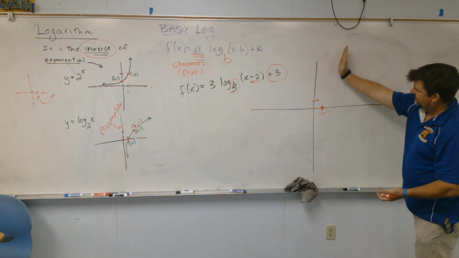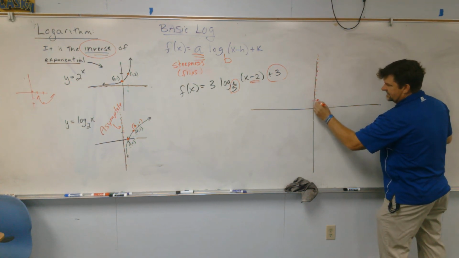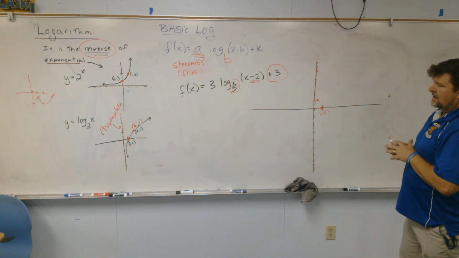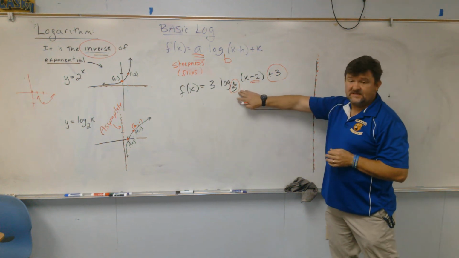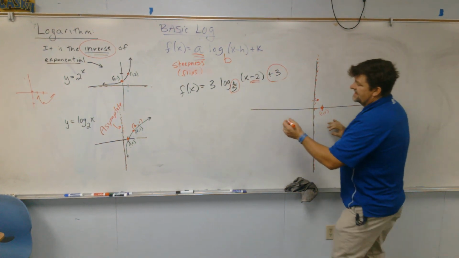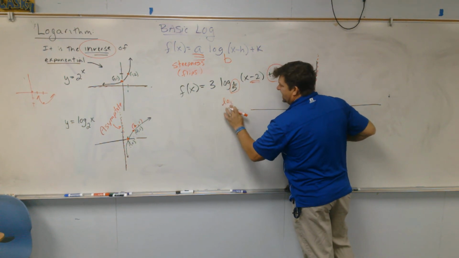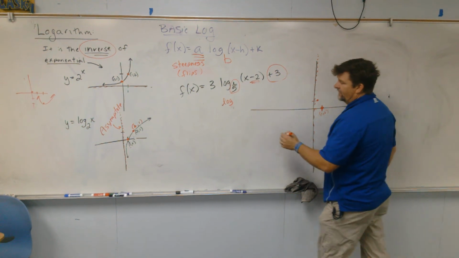Let's just draw everything in first. I'm going to give you a third point that may help you see what's going to happen. I'm kind of going blind here, guys. I don't know what you've done before.